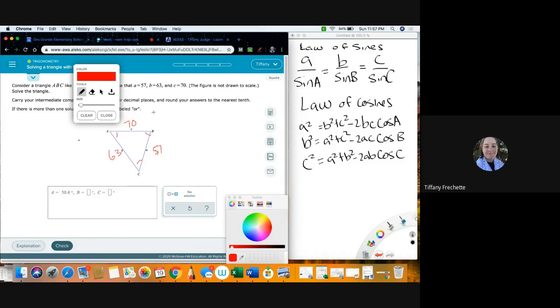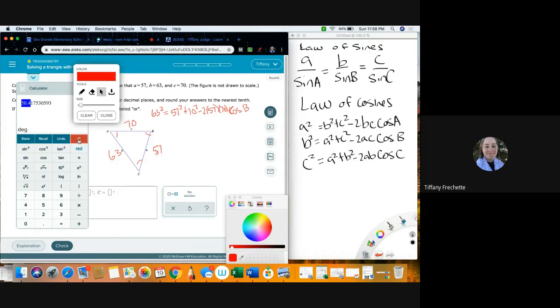So we're going to say B squared, so 63 squared equals A squared plus C squared minus 2 times A times C times the cosine of angle B. All right, so let's go ahead and go back to our calculator here because we need to start calculating things already.